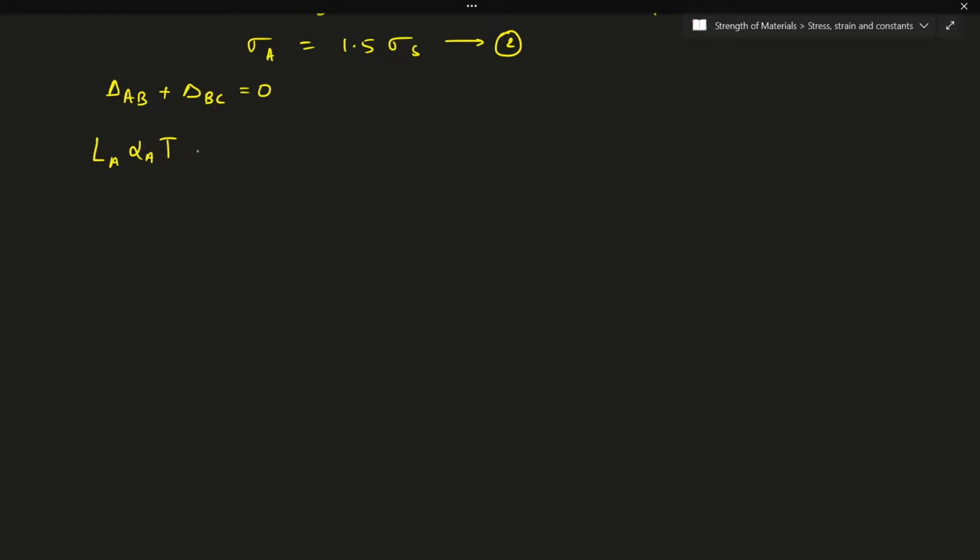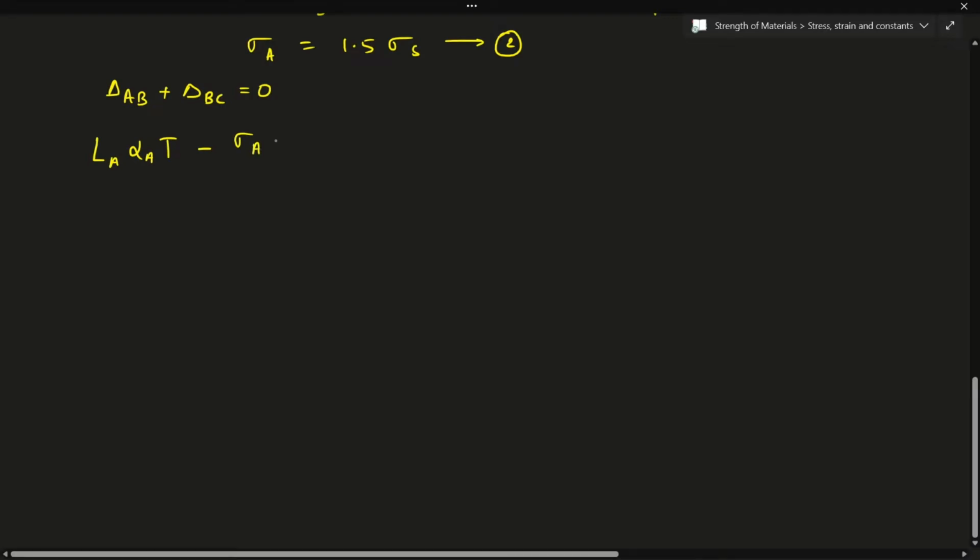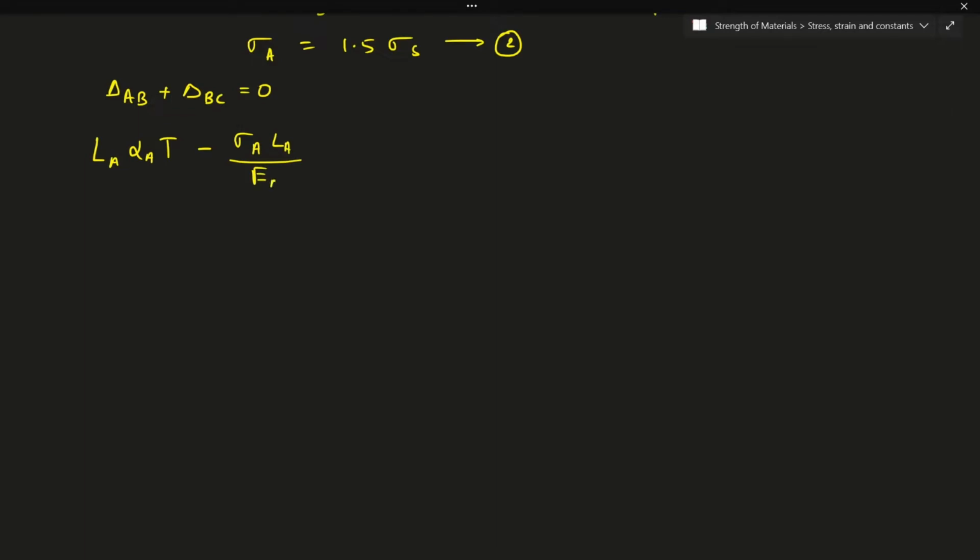We are going to experience compressive stress, so that is minus sigma A into LA divided by EA, plus again the free expansion of the aluminium body and steel, LS into alpha S into T, minus sigma S LS divided by ES, will be equal to 0.